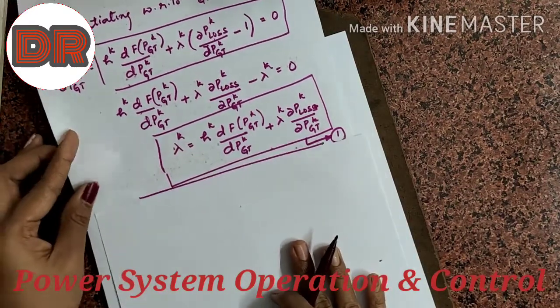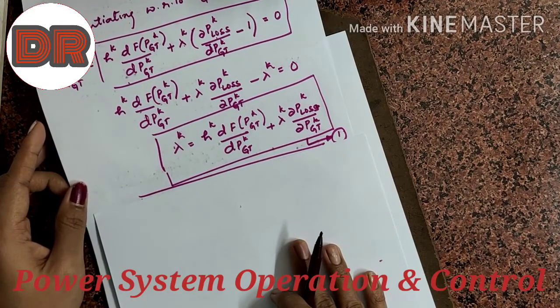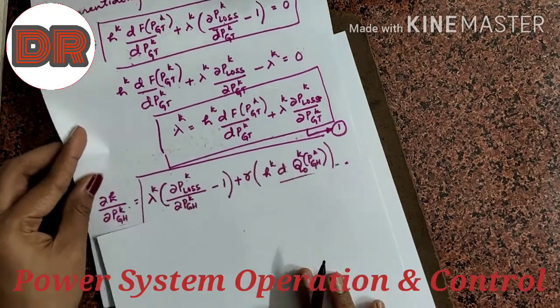The second coordination equation is obtained by differentiating the Lagrangian function with respect to PGH.